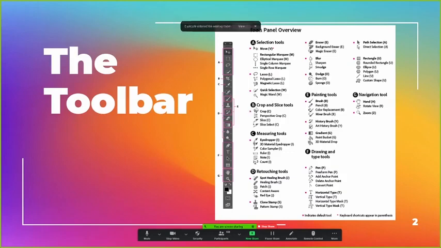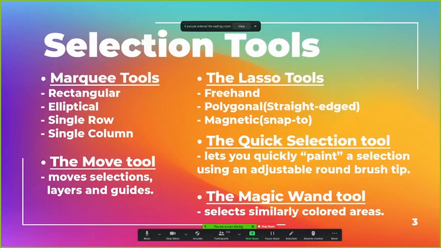And then may crop and slice tools, though hindi ko masyadong binreakdown kasi yung slice tools more on sa web. I-discuss ko further sa next na slides. So may measuring tools, retouching tools, painting tools, drawing and type tools, and navigation tools. Next, selection tools.